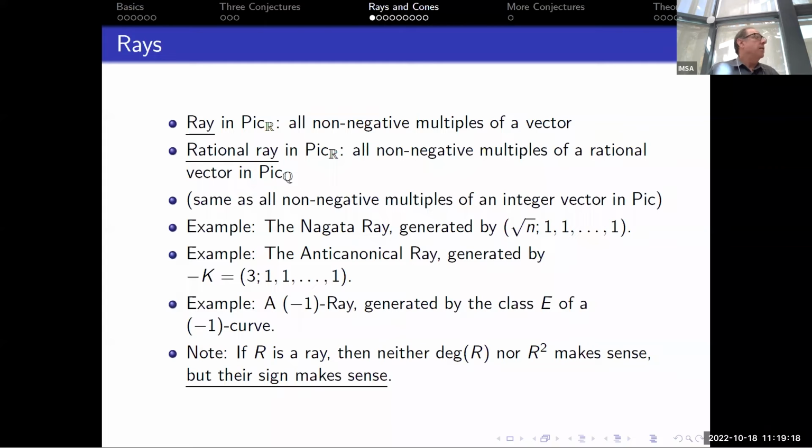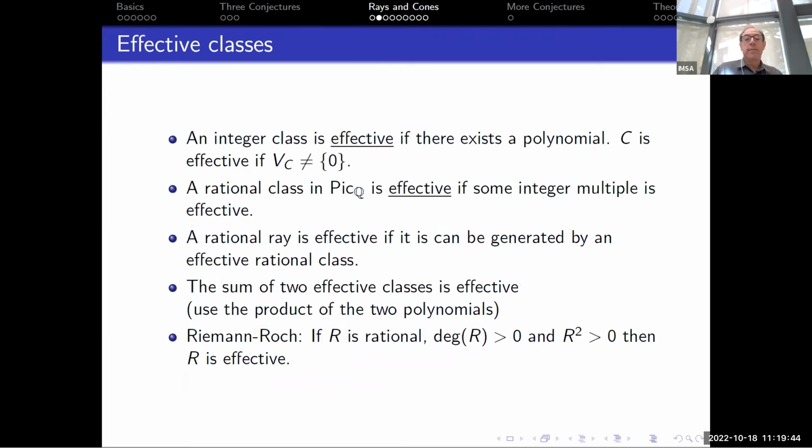But whether or not the degree is positive does make sense, because you only take positive multiples. And whether or not the square is positive also makes sense for a ray. So the degree and the self-intersection being positive, negative, or 0 makes sense for an entire ray, which is important, you'll see.